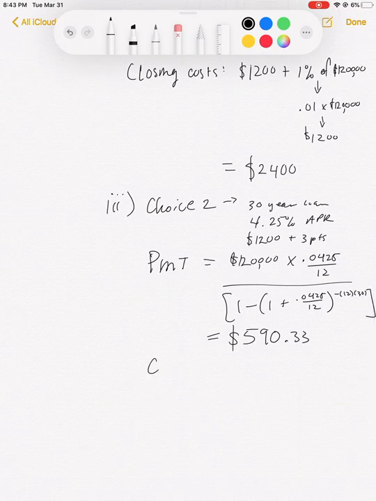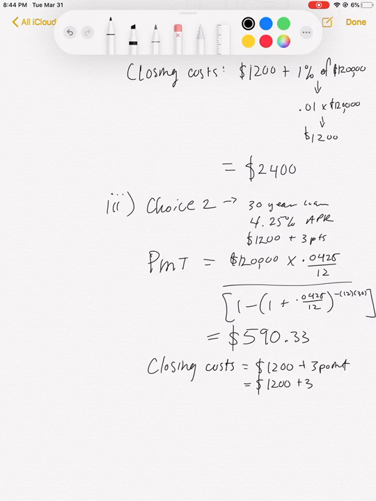Now the closing costs were equal to $1,200 plus 3 points. We know that the point is 1% of the loan amount, and in the previous example we calculated that to be $1,200 as well. We multiply that by 3, and we get $1,200 plus $3,600, and that's equal to $4,800.